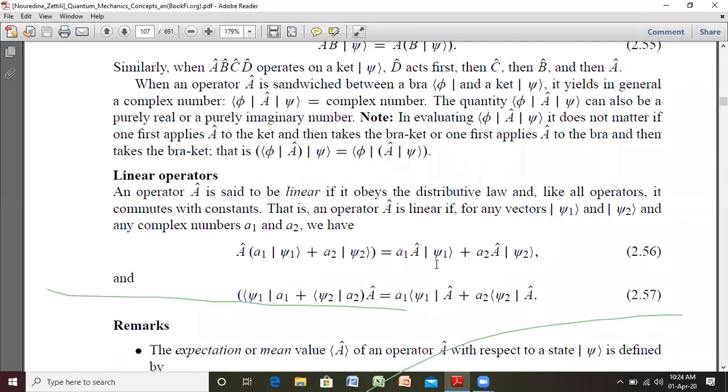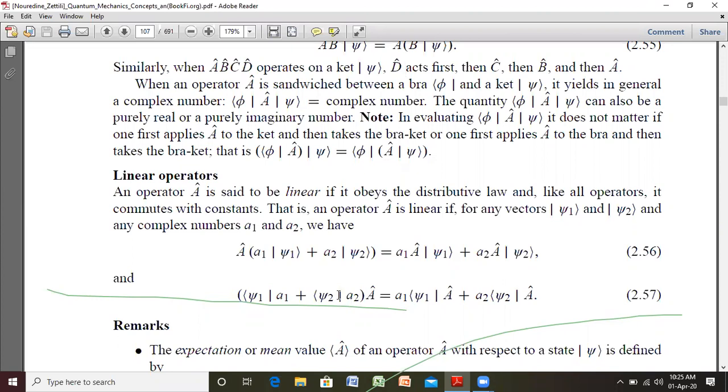And similarly, these are the bras, psi1 bra, psi2 bra, and I operate A. Now, consider the point I have told you before, that this operator A is now on the right side. Why on the right side? Because it has to operate from the straight line of this state, not from this less than or greater than sign.